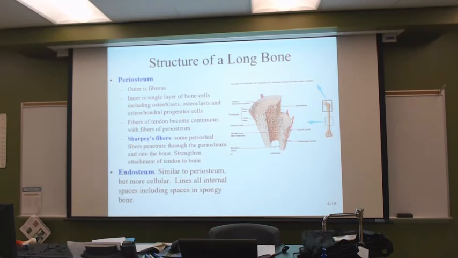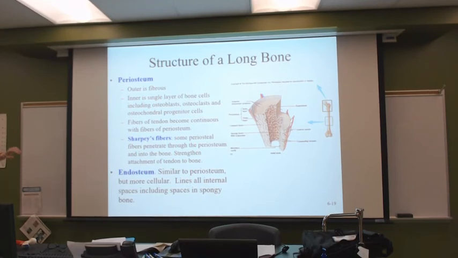One of the things that I also tried to mention was these connective tissue wrappings, our periosteum, our endosteum. The periosteum, I tried to point out, had to create these fibers that penetrate into the bone, and that helps that connective tissue wrapping to be stable against the bone.